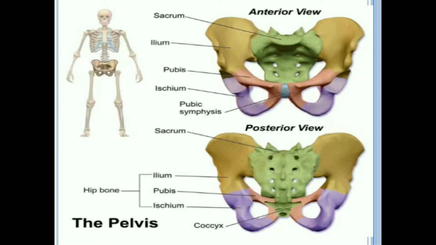And from the posterior view, means from the back side, you can have this view: this is ilium, this is pubis, this is ischium and this is coccyx. So from the posterior view you will not be seeing the pubic symphysis, you will only have this view.